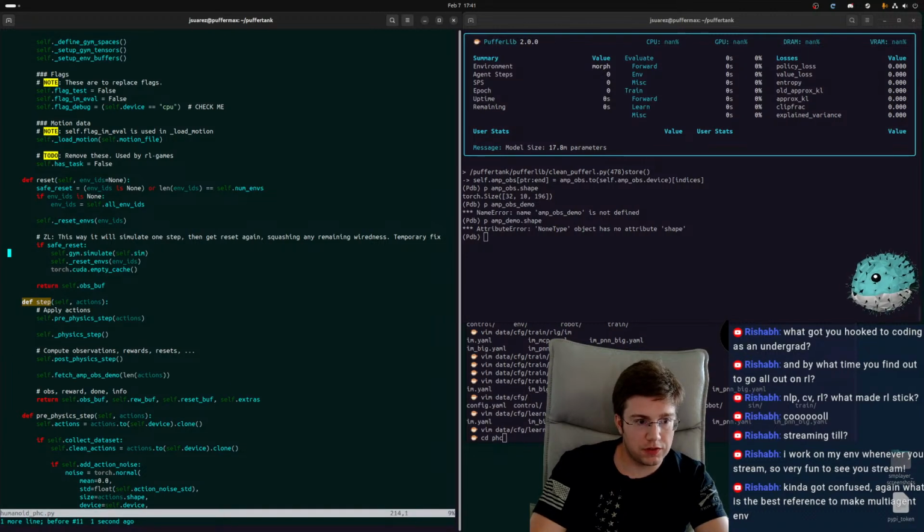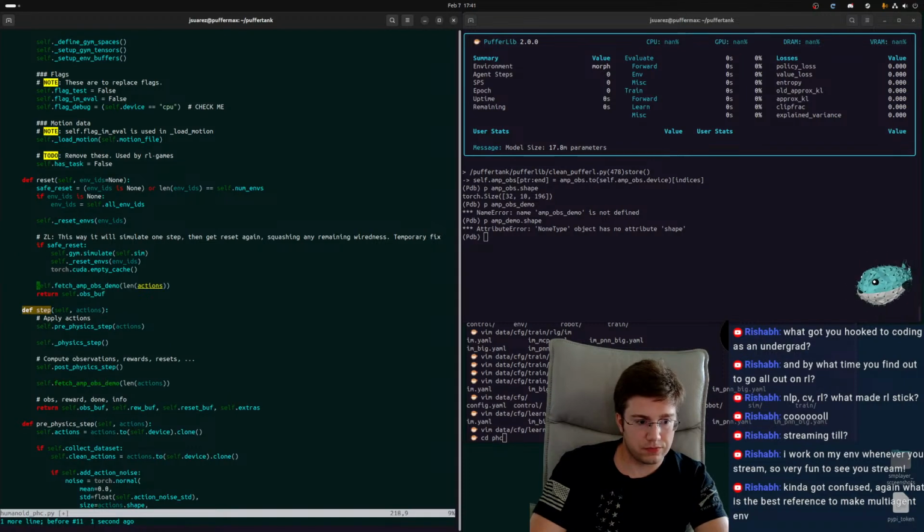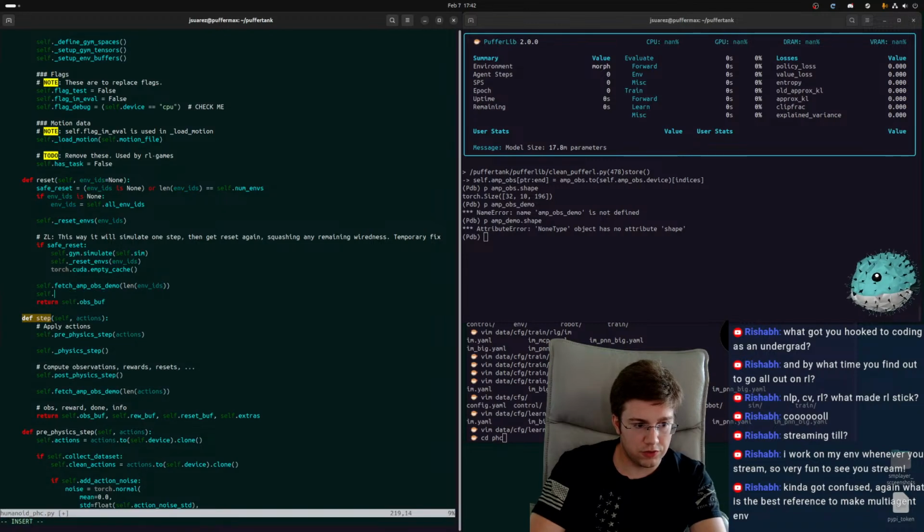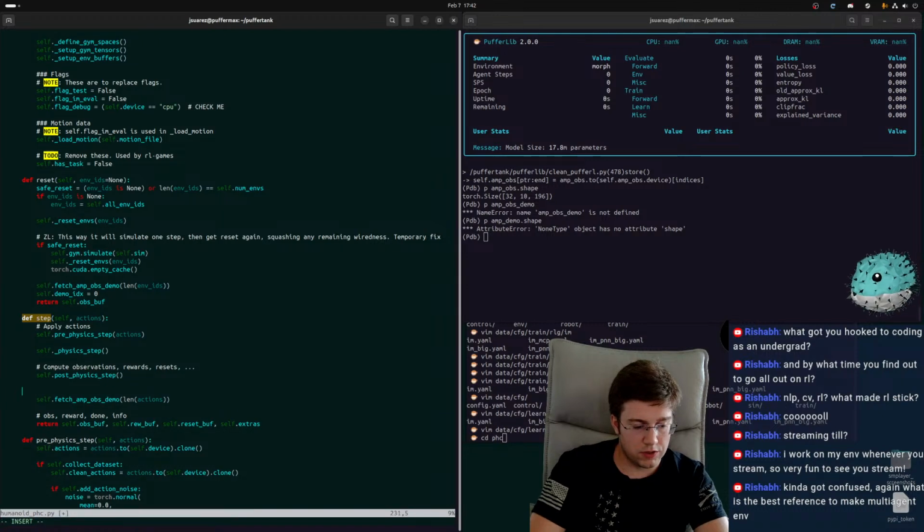Okay, well actually we'll put this in here. Okay, so on a reset, you reset this buffer, and then you set self.amp_demo_idx to 0, right? And then here we do plus equal 1.